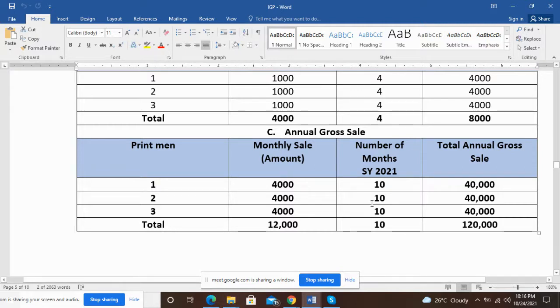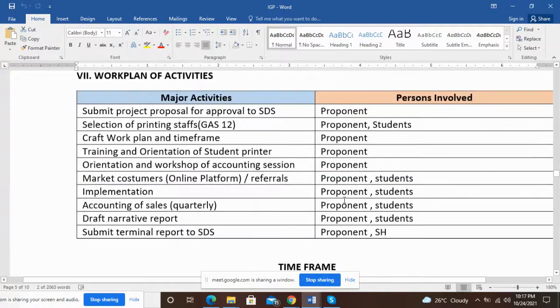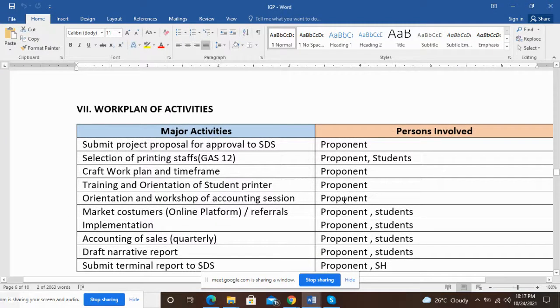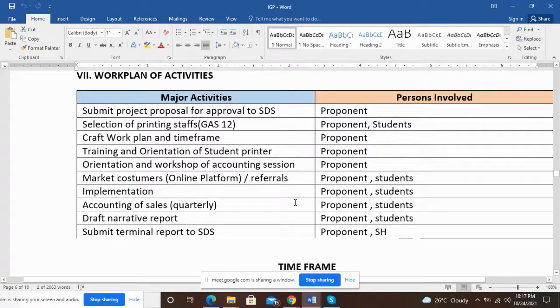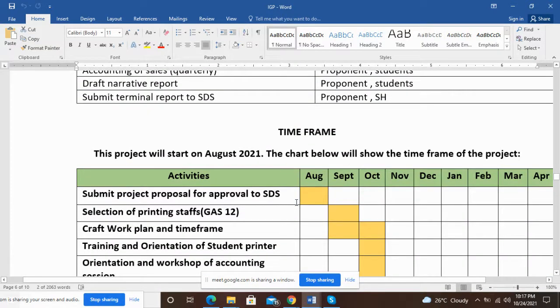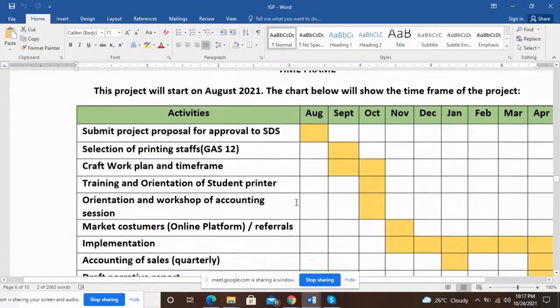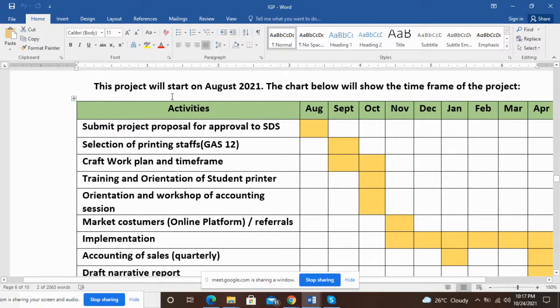Okay, so next let's proceed to work plan of activities. So we have here the major activities that you're going to do and the person that will be involved during that activity. I think it will be easy to understand. Now let's proceed to time frame. So this project will start in August 2021. So here is the framing.